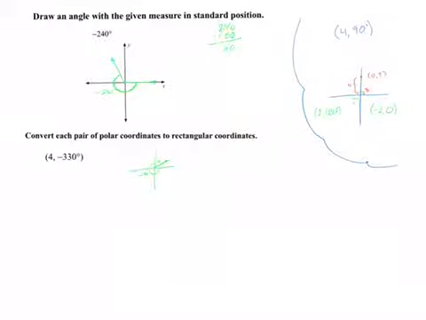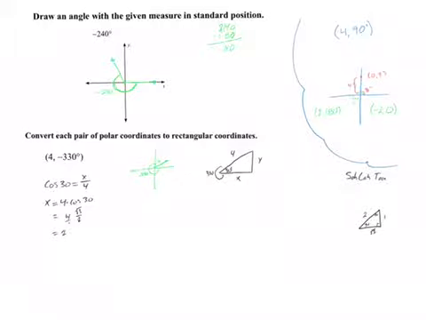I know that cosine of 30 is going to be the square root of 3 over 2 times 4. So those would reduce. It's going to be 2 square roots of 3, or approximately 3.46. That's what my x is.